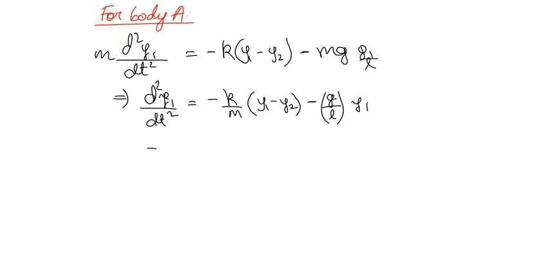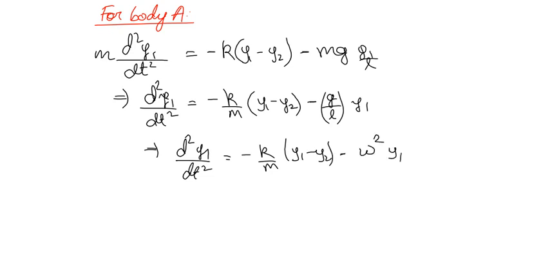So we can write this finally as d square y1 by dt square is equal to minus k by m times y1 minus y2 minus omega square y1. As we know, omega is equal to root under g by L. So let this be your equation number 1.